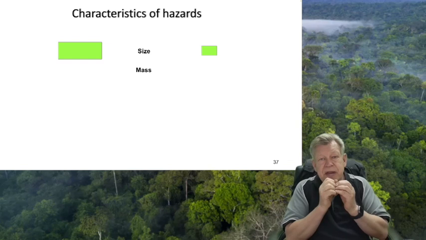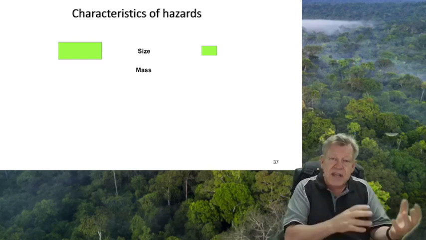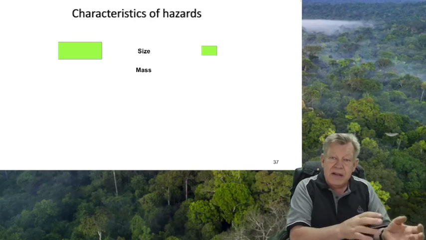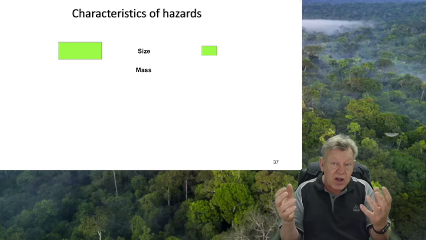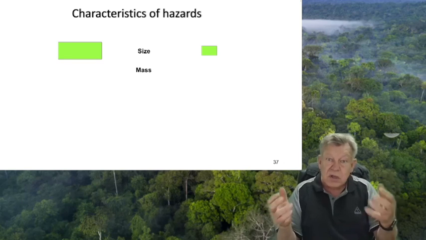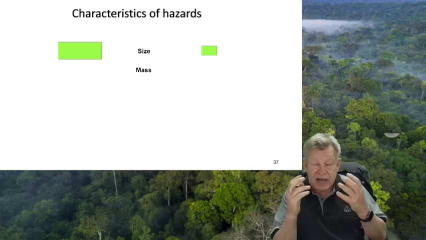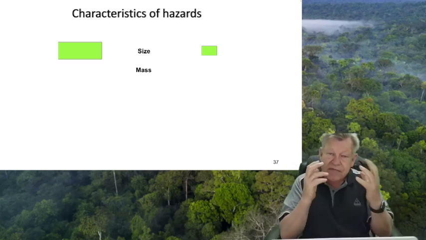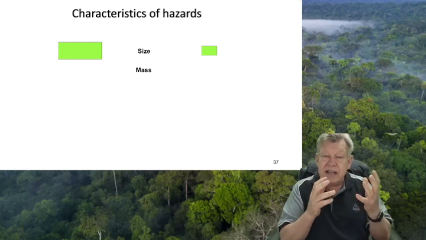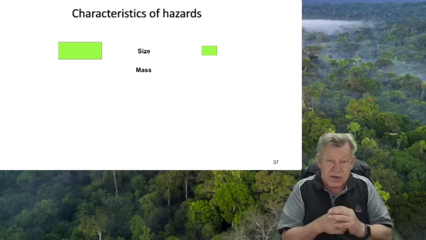So, depending on the size of something, and once again, heavy is not necessarily bad, and light is not necessarily good. If it comes to an object that is going to fall on you, then you don't want a heavy thing, of course.